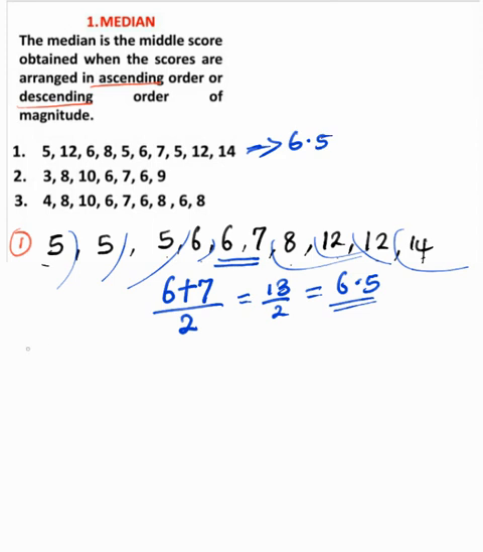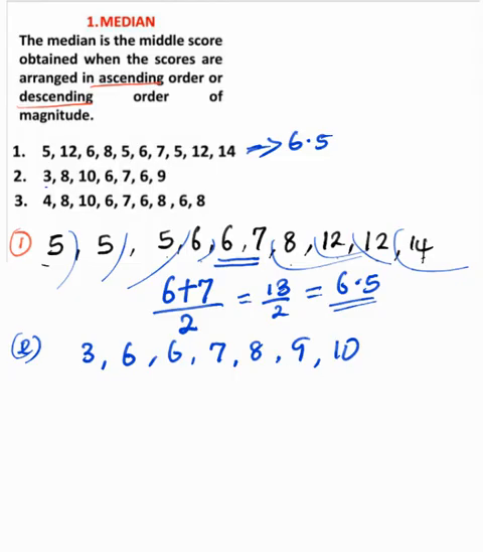Now let's look at the second question. For the second question, we need to arrange again. We'll have the least, 3. The next is 6, another 6, and 7. We have 8, right? We have 9, and we have 10. Let's count: 1, 2, 3, 4, 5, 6, 7.